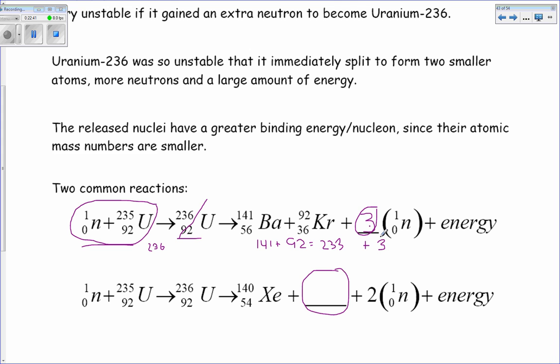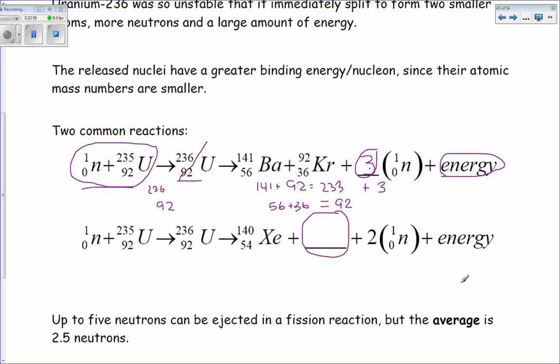Because 3 times 1 gives us the 3, plus 233 gives us 236. And we should be balanced on the bottom. We have 0 and 92, so we have 92 protons. And on this side, we've got 56 plus 36, so that's 92. Okay. And notice that this also says energy, and that is a very large amount of energy, which is why these reactions are important.